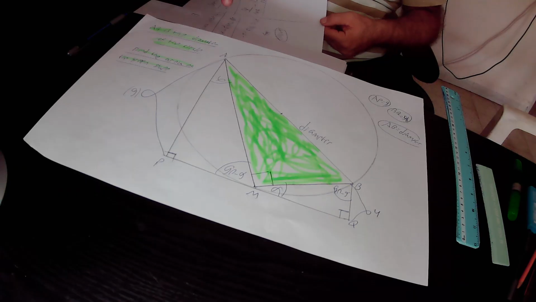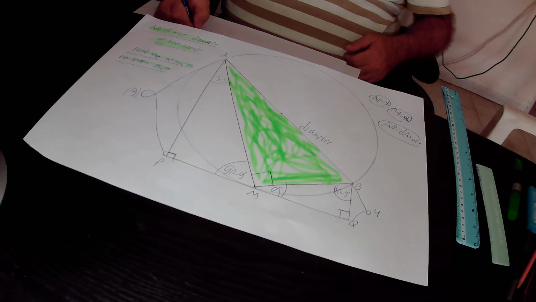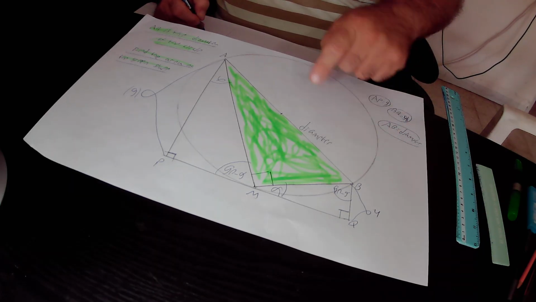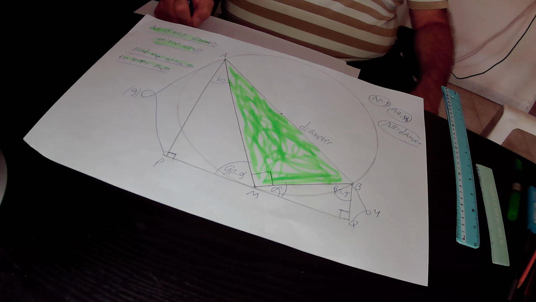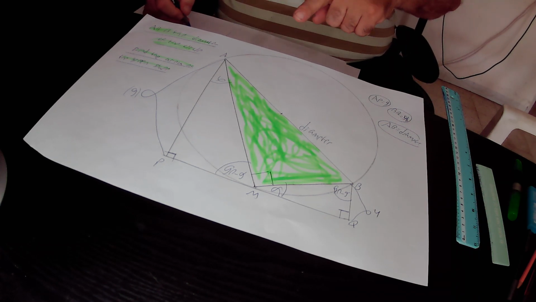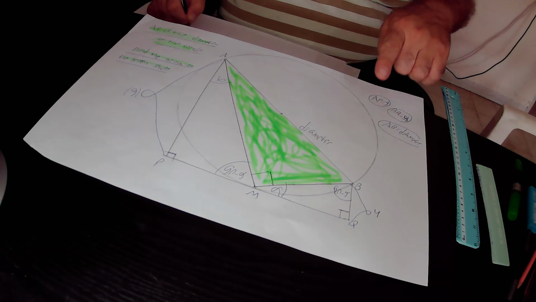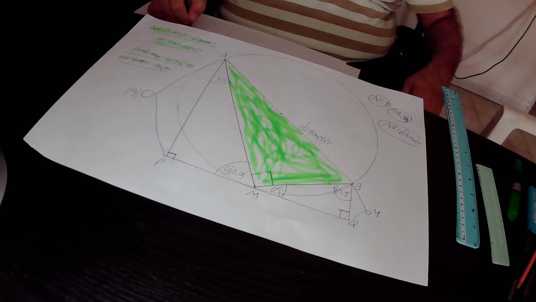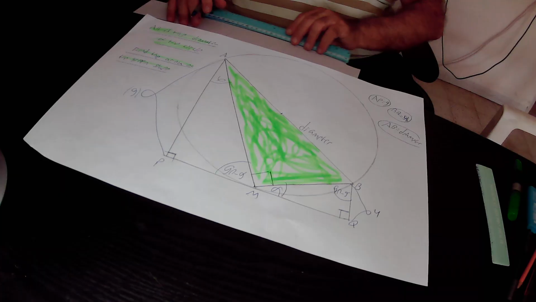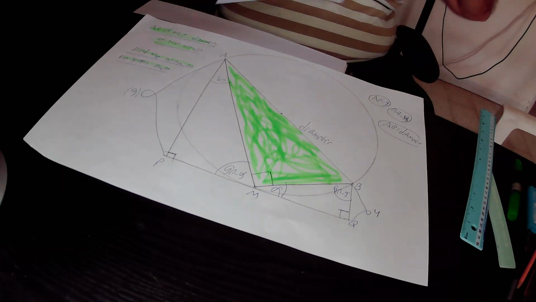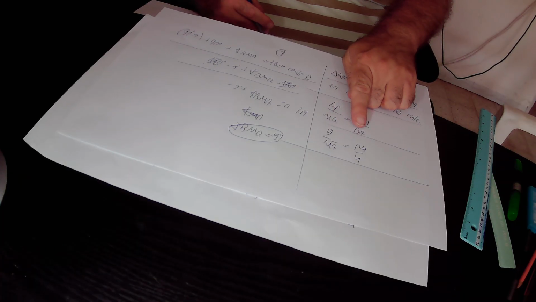AP equals 9, over MQ. MQ is the missing side, so we leave it as it is. And it is equal to PM. PM is the missing side, so we leave it as it is, over BQ. BQ equals 4 units in length. So in total, we have found out that 9 over QM equals PM over 4.